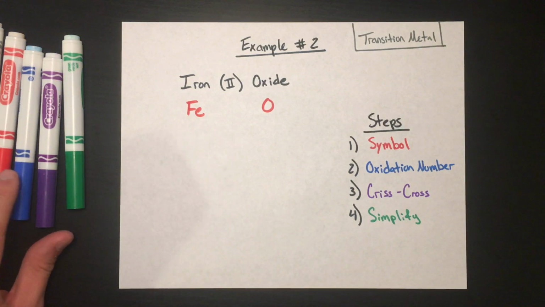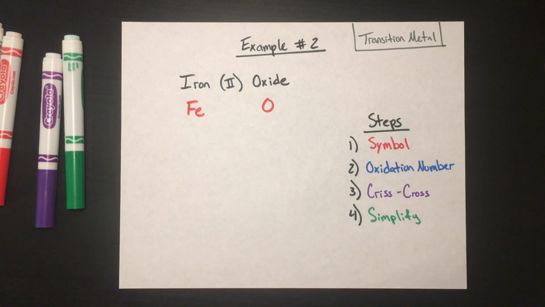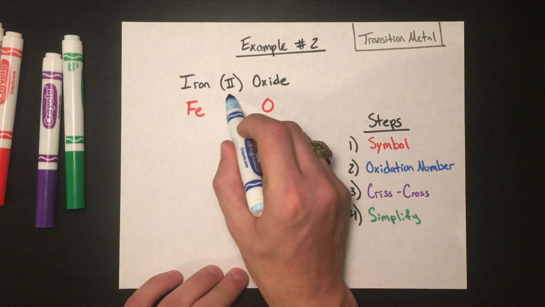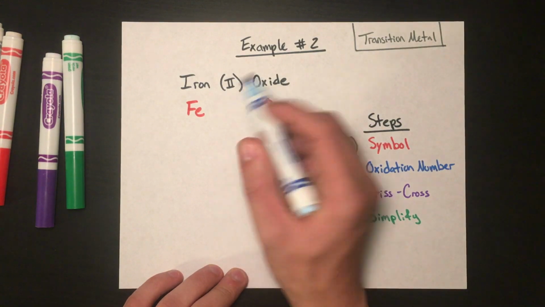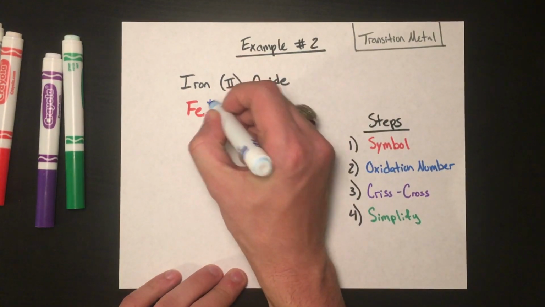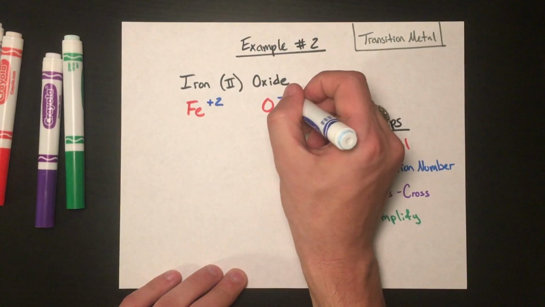Well, in this one, transition metals, when you get the name, is actually easy. So you look at the Roman numeral right after the transition metal. So for example, this one, iron, is +2, and oxygen we know is -2.